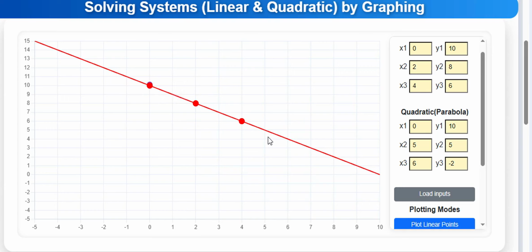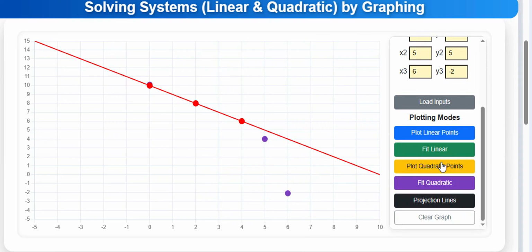And then I also have (6, -2), which is 6 here and negative 2 here, somewhere here. Then I can plot the quadratic like this. As you can see, we already have the quadratic equation plotted and the linear one plotted.